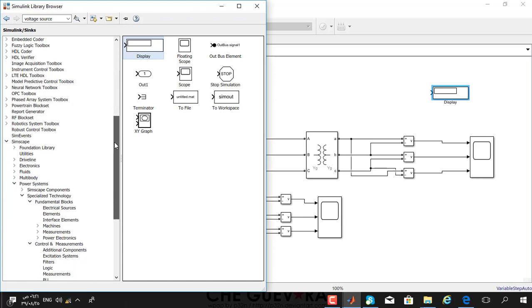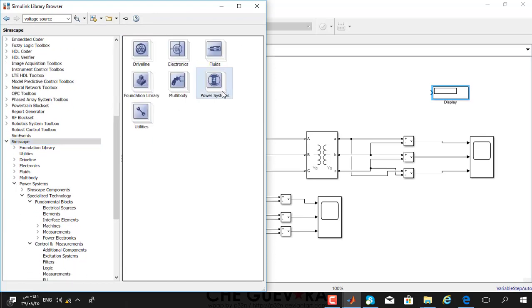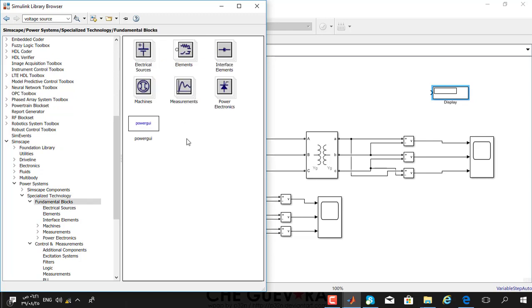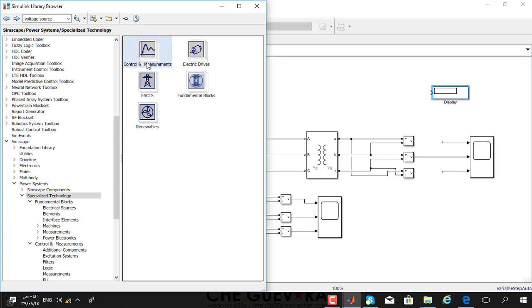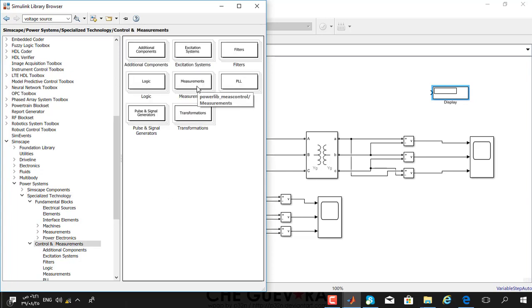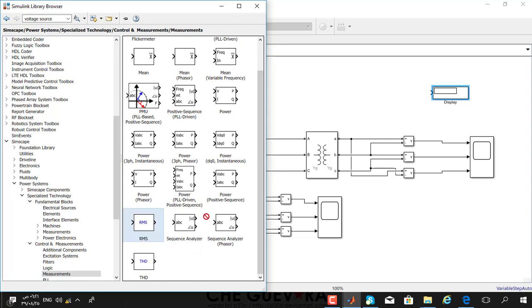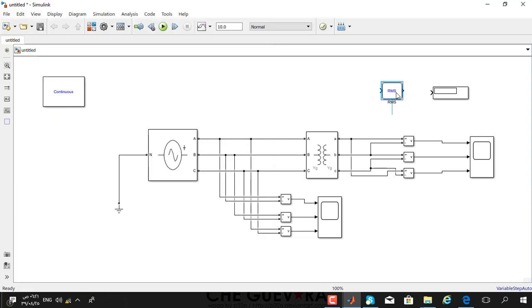From Simscape, Power Systems, Specialized Technology, Fundamental Blocks, and from Control and Measurement we go to Measurements and we take the RMS. We connect it to the screen and we connect it before the scope.